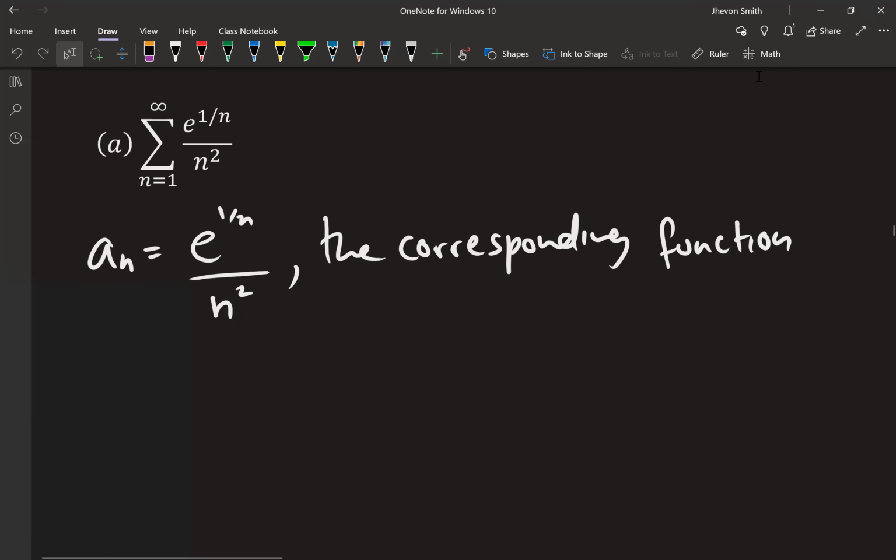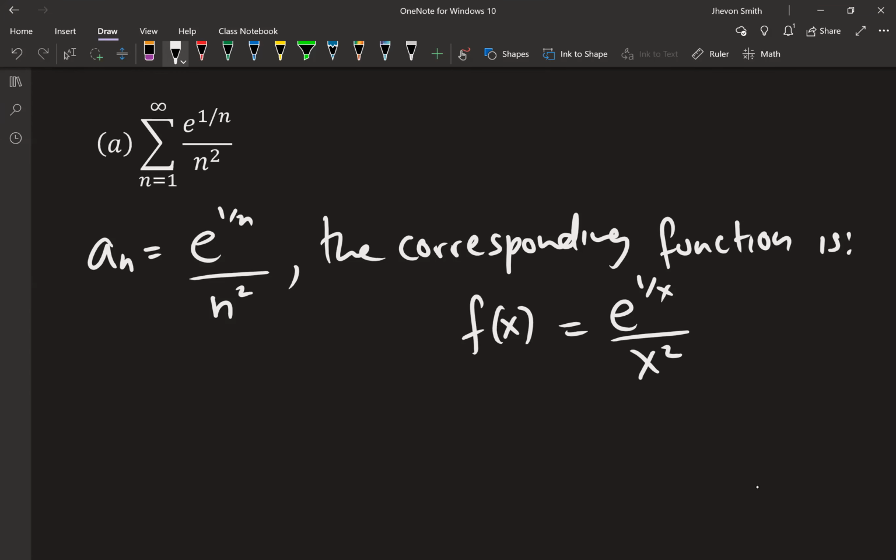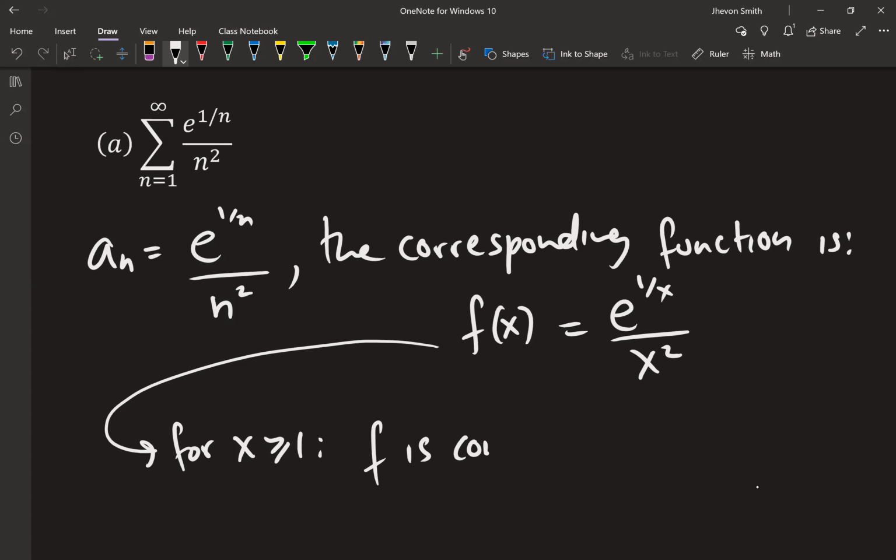The corresponding real function is, well, f of x equals e to the 1 over x squared. Now, if I look at this function, for x greater than or equal to 1, which is where the series is starting, f is continuous. It's an exponential divided by a polynomial, and I'm not dividing by 0.